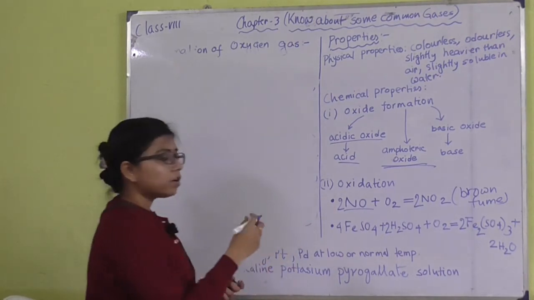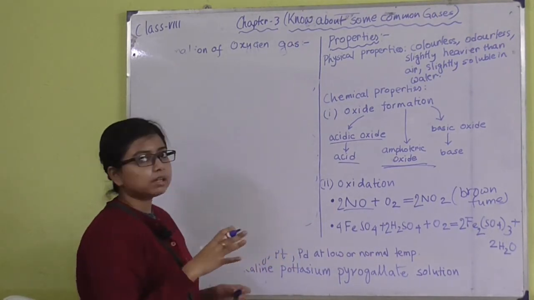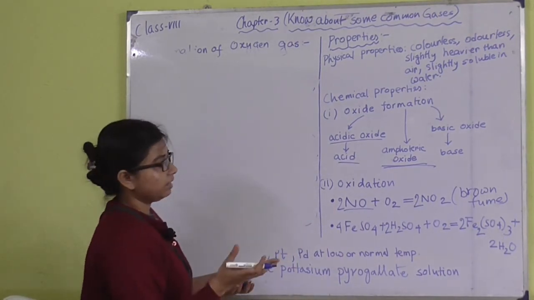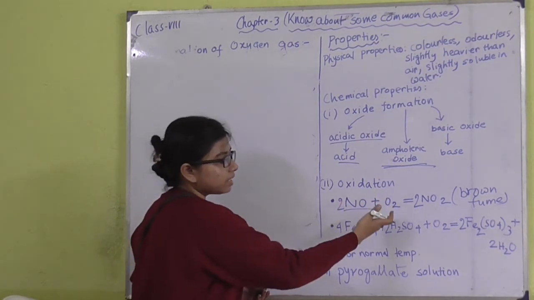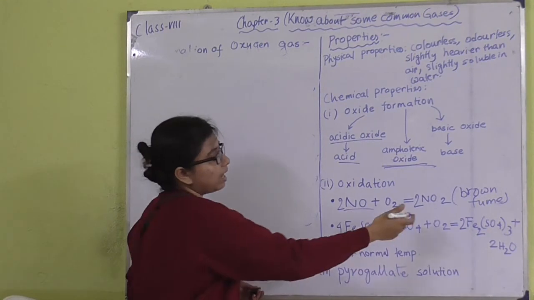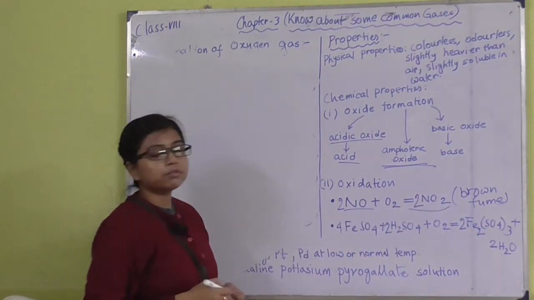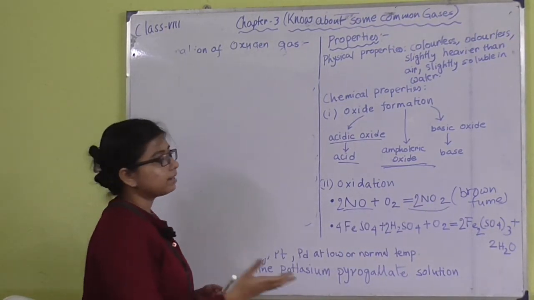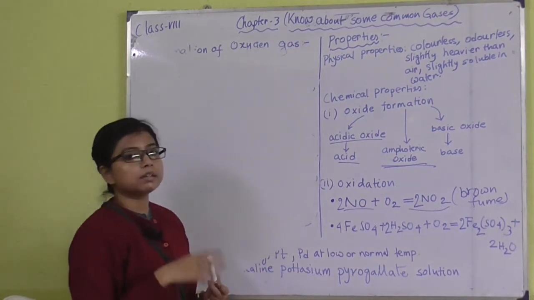Nitric oxide has no special smell or color, but when it reacts with oxygen, it will give brown fumes, and by the formation of brown fumes we can say that nitrogen dioxide is produced here.